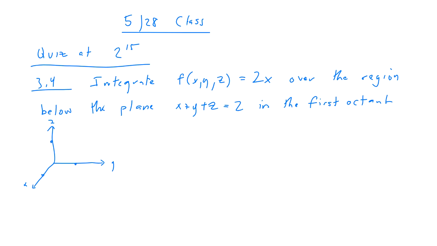So just put in the 3 points, (2, 0, 0), (0, 2, 0), and (0, 0, 2), and you get the triangular shaped region. So it's the solid enclosed by that triangle and the three coordinate planes: the xy plane, the xz plane, and the yz plane.